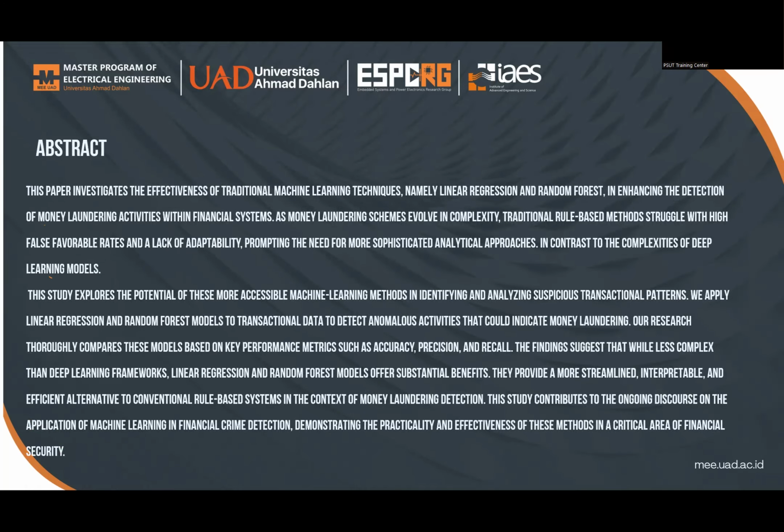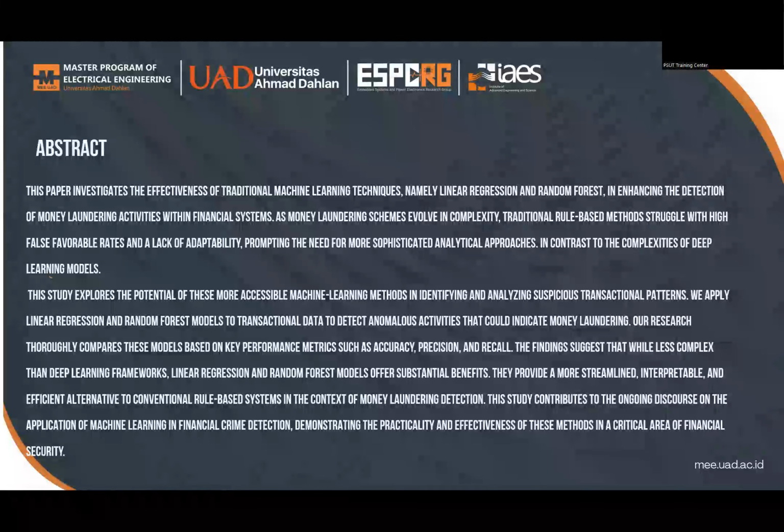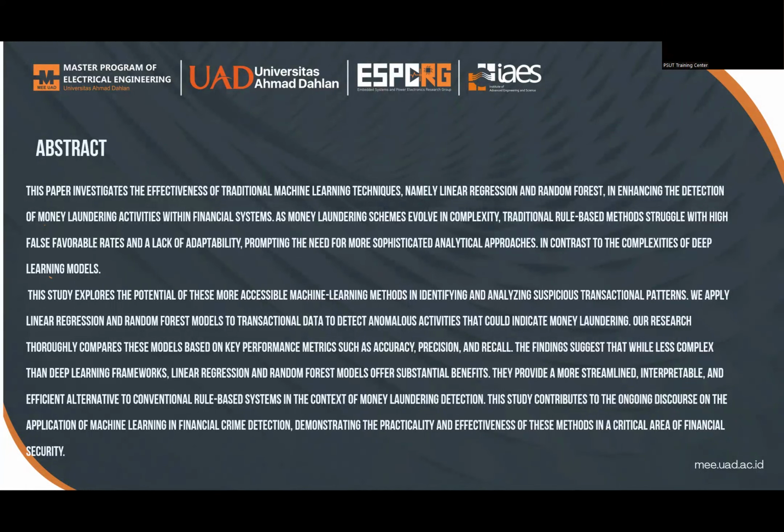In this paper, we investigate the effectiveness of traditional machine learning techniques, namely linear regression and random forest, in enhancing the detection of money laundering activity within the financial system.